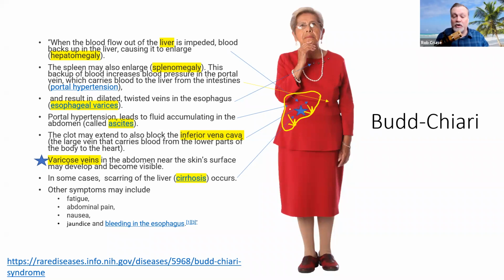So we have hepatomegaly as the liver expands. If it is severe enough, it can go over to the spleen and it can be enlarged too, right? So it has grown. So that's splenomegaly. Right? So your spleen has grown as well, and that is back up.